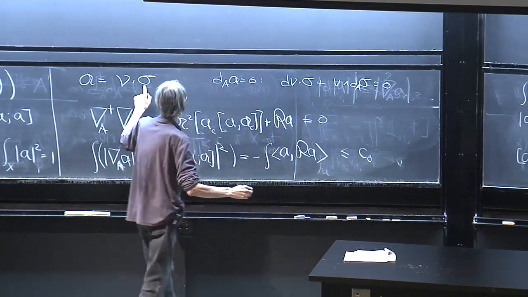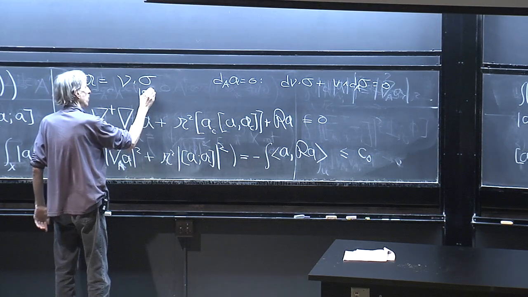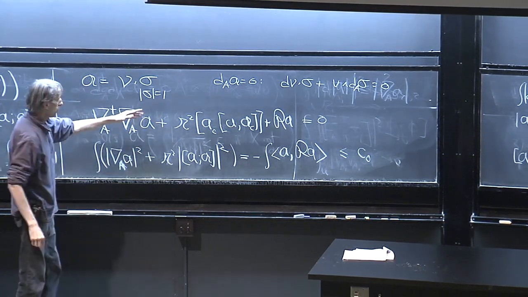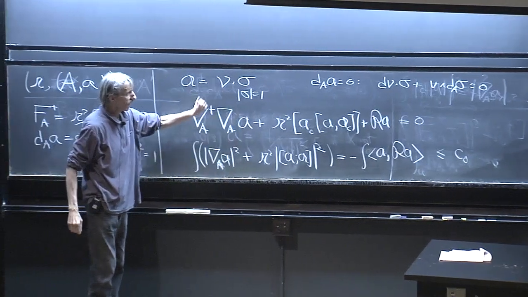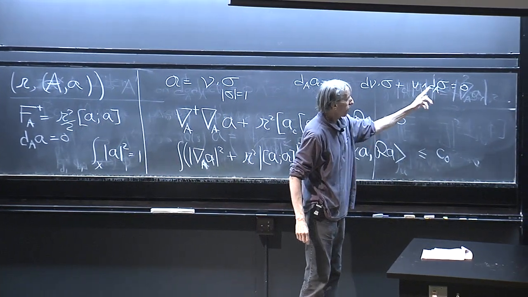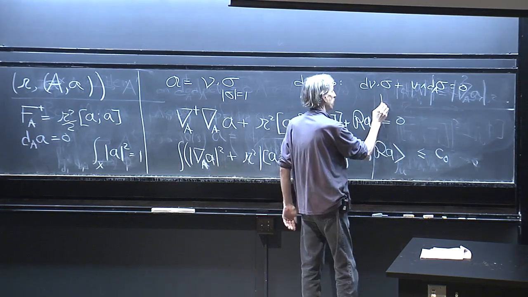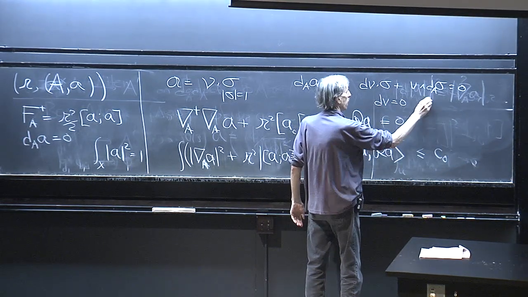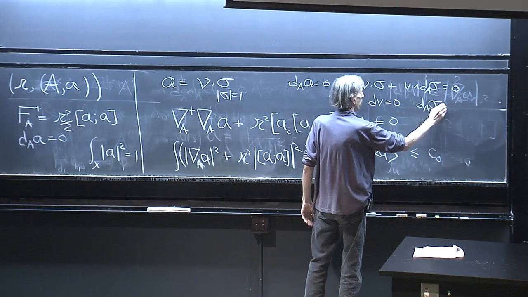And if you normalize this so that sigma has norm 1, which you can always do at the expense of the norm of nu, then this is orthogonal to that pointwise, and so that tells you that d nu is equal to 0 and the covariant derivative of sigma is 0.